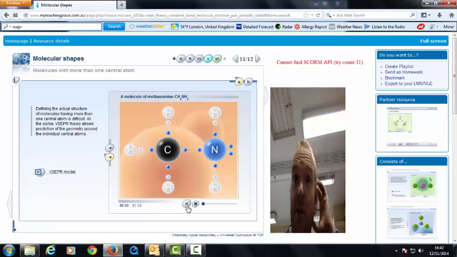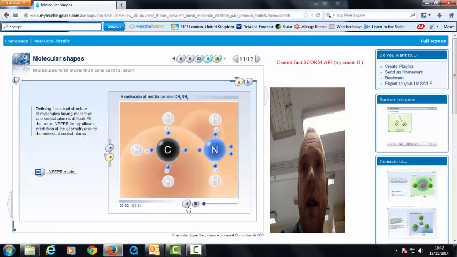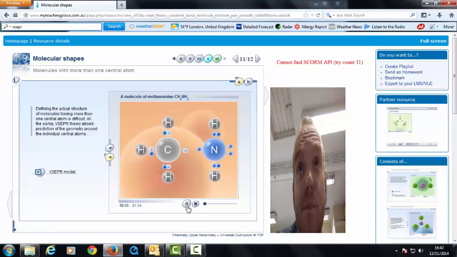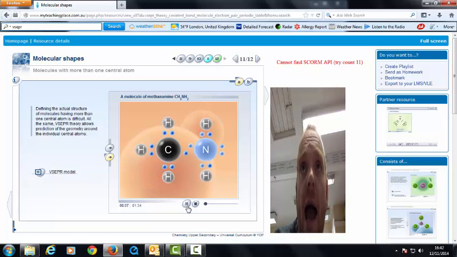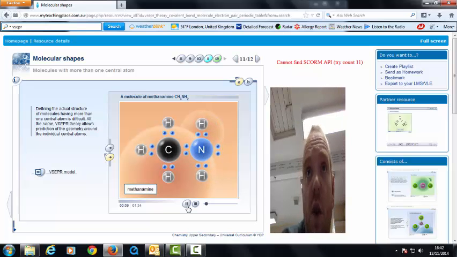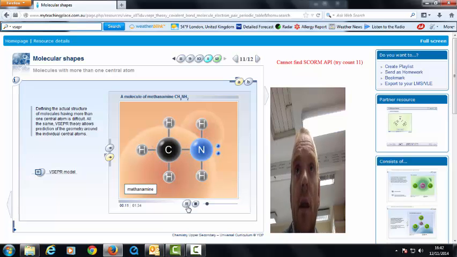Okay? And then we can apply this to a molecule like methylamine, where the carbon single bonds with the nitrogen. Okay, so I'm ending up with an octet around the carbon and an octet around the nitrogen, but this time the nitrogen has a lone pair on it.